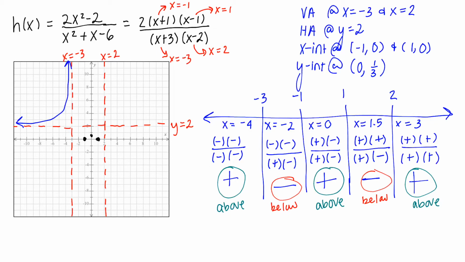Now, between -3 and -1, the reason that it stops at -1 is because you can even kind of see what's happening here between -3 and 2. You can see that it's above the x-axis very briefly between -1 and 1, which is what it says right here. And then after that, it's below the x-axis.